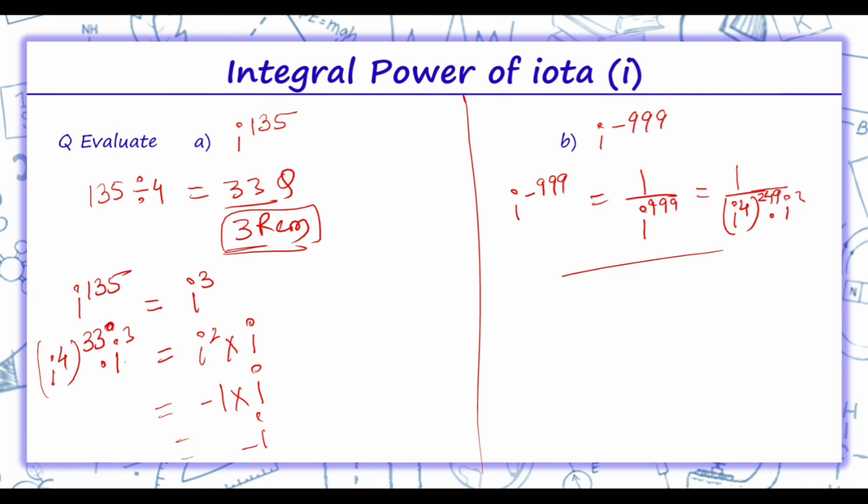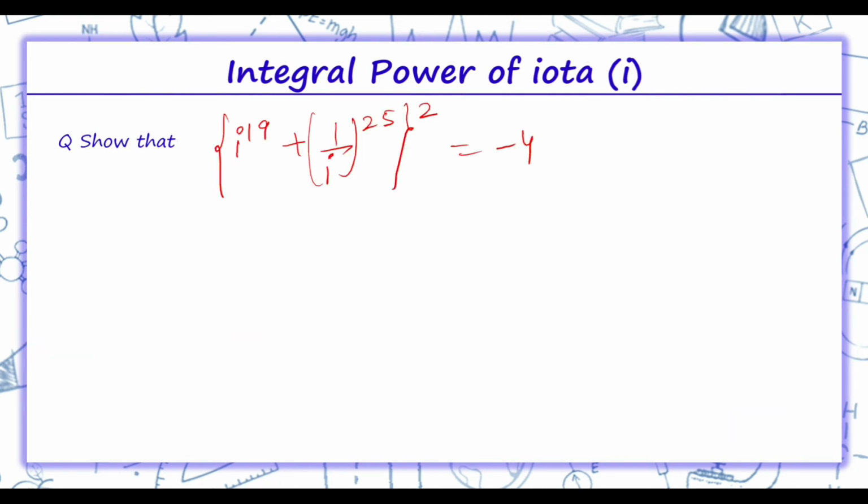So here we'll get i to the power 3. Since i to the power 4 is 1, 1 to the power 249 will be 1 only. Answer will be 1 by i to the power 3. 1 by i to the power 3 can be written as minus 1 upon i. So this is our answer, and this is how we have to solve integral power of iota.